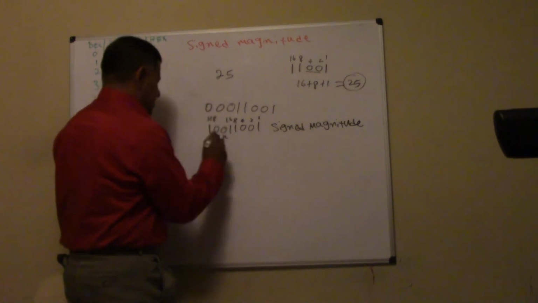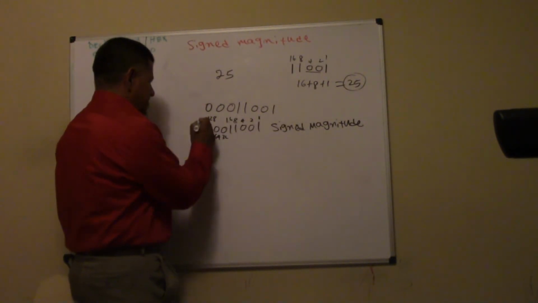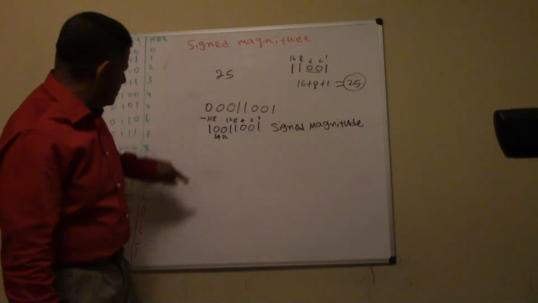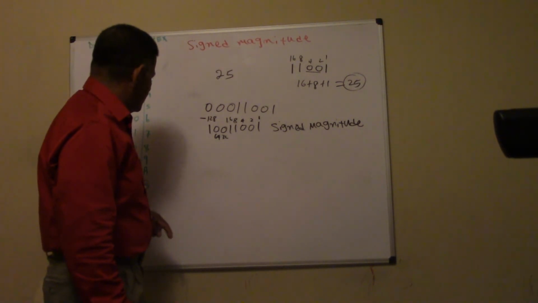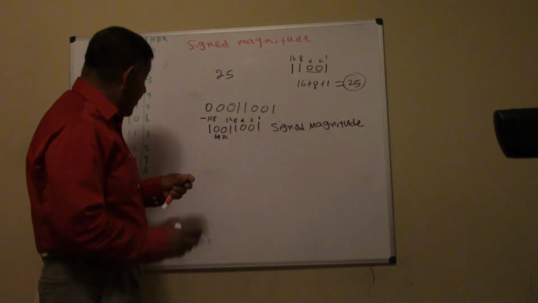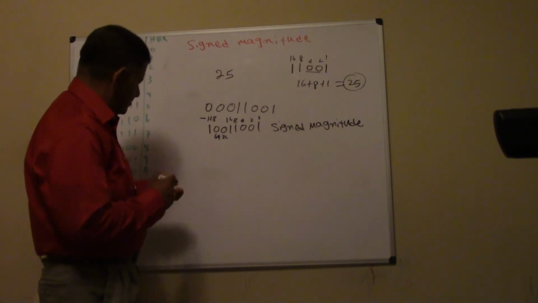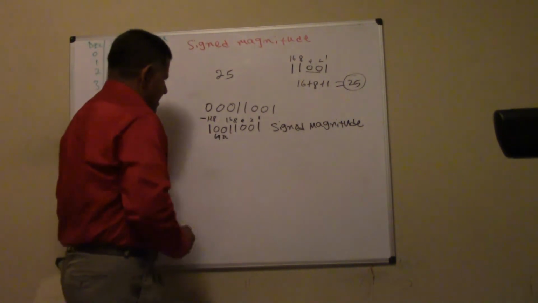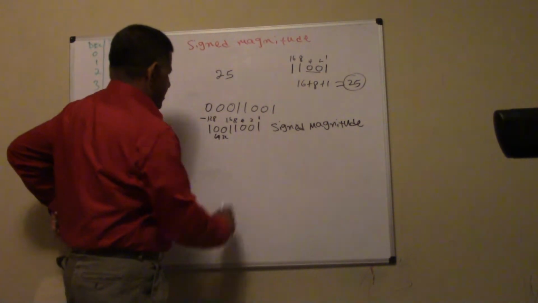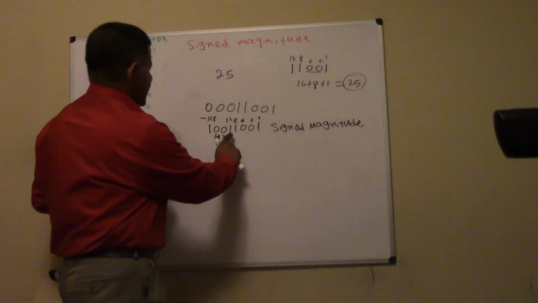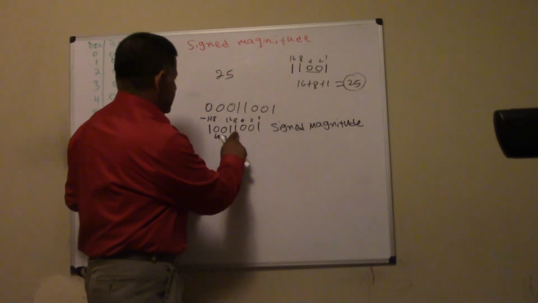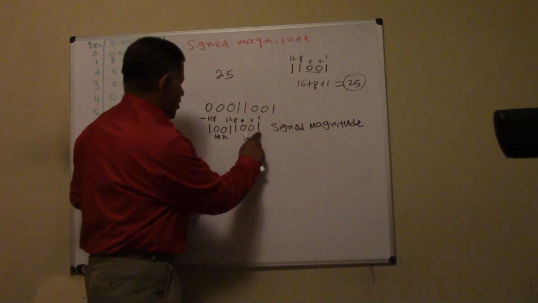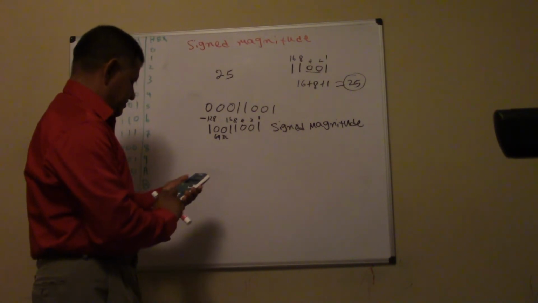Let me make this clear. This is negative 128 because this is the 1. Now, if I subtract these numbers from here, technically here I get 25, right? In this one I get 16, 8, plus 1 is 25.